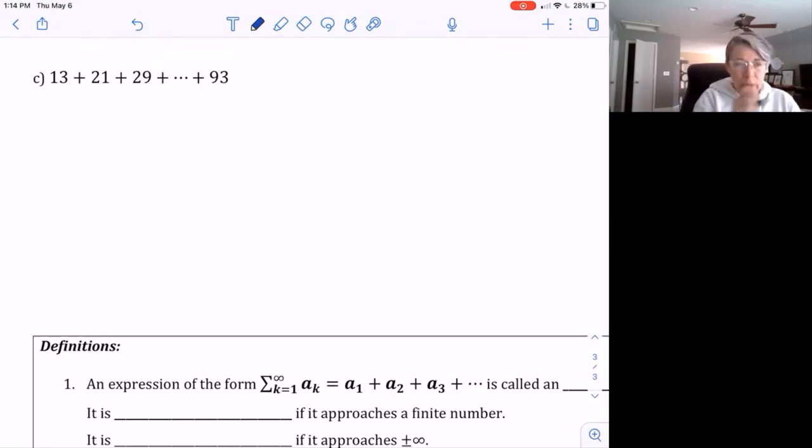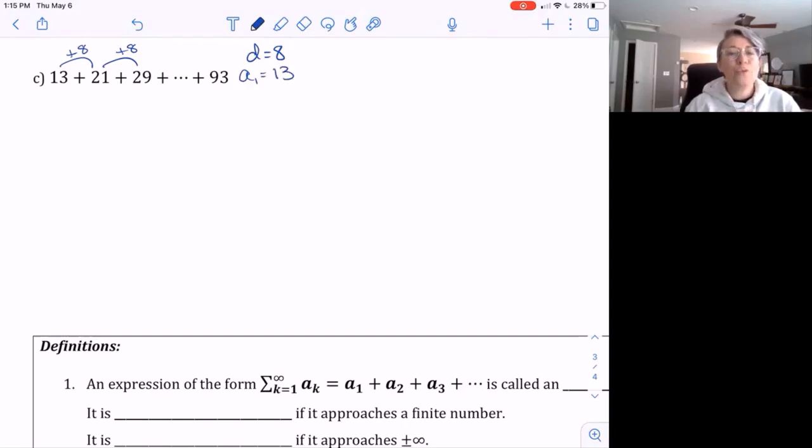And then 21 to 29, we're adding 8. So we can assume that pattern continues. And if that does, that means it's arithmetic with a common difference of a positive 8. Okay, that means we also have a first term of 13.